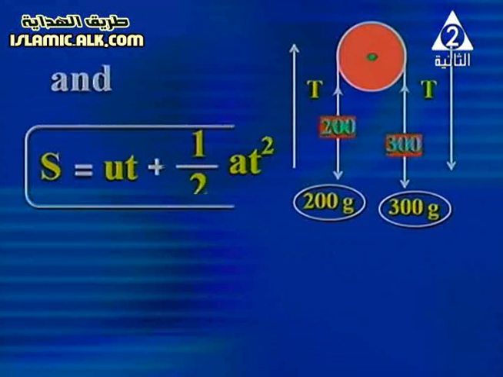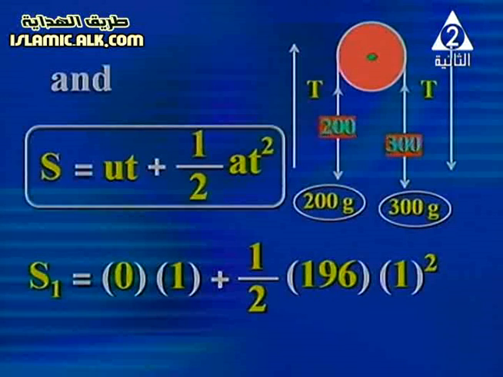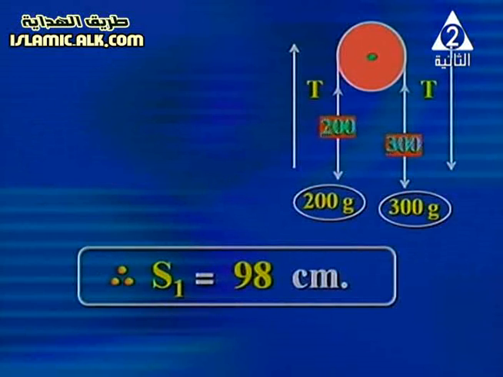Also, the second Newton law is s equals ut plus half at squared. By substitution, initial velocity 0, t equals 1, a is 196, we find the value of S1 equals 98 centimeter.